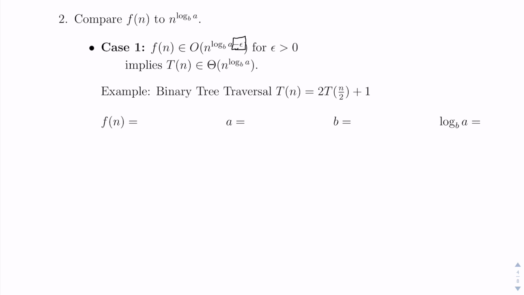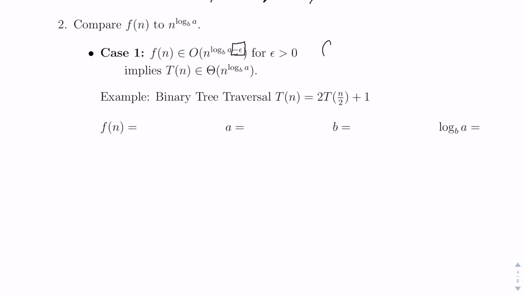Let's see an example here. What if f of n is n squared and log base b of a is 2.1? This would be an example of that case, because n squared grows slower than n to the 2.1 by an epsilon equal to 0.1.